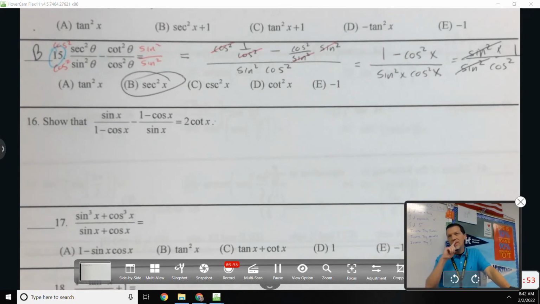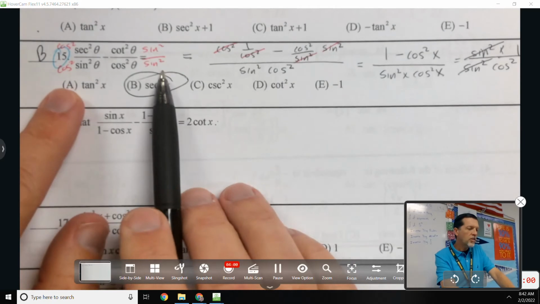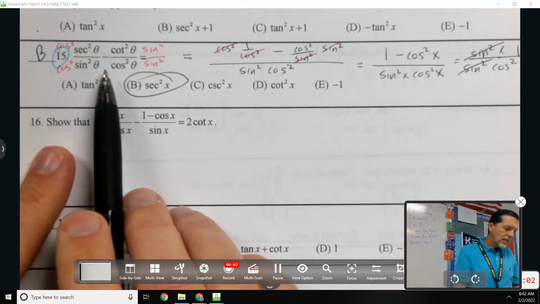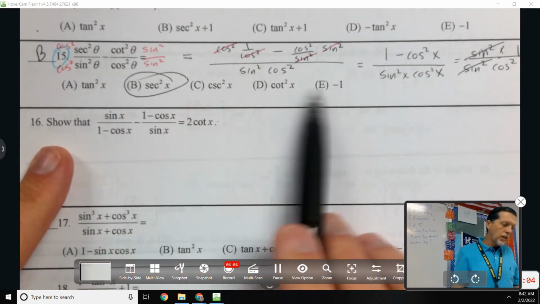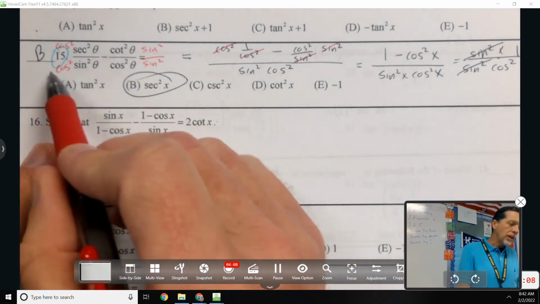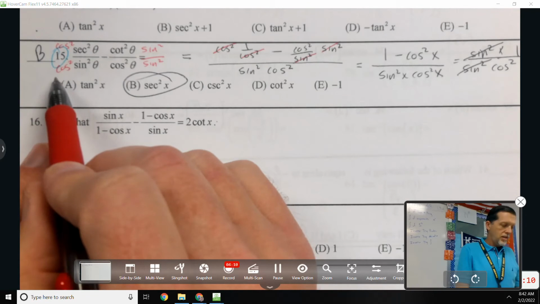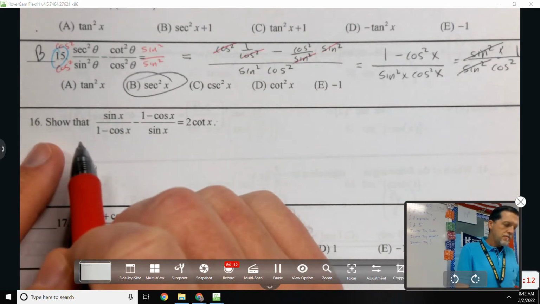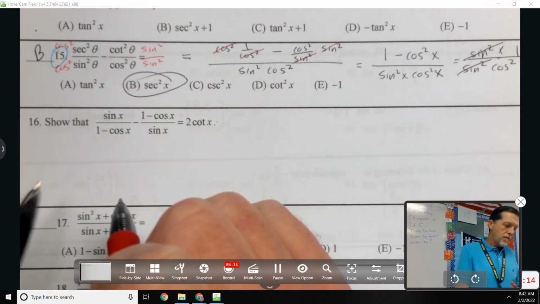Charlotte? How did you know to multiply by the cosine and the sine in your very first step? I knew that I had 2 terms to start with, and all my answers had 1 term. So this step was to get a common denominator. Okay. So you could do the same thing if you switch this.